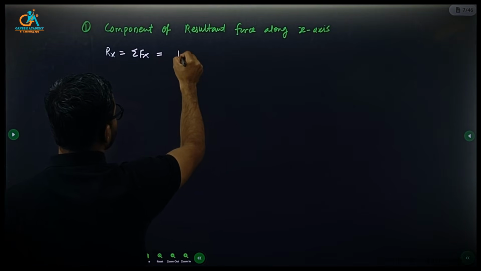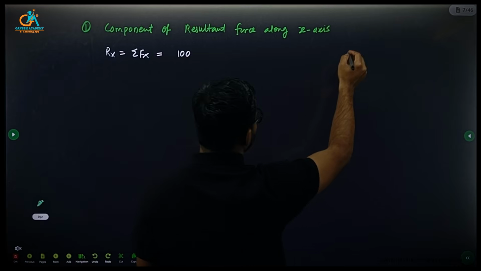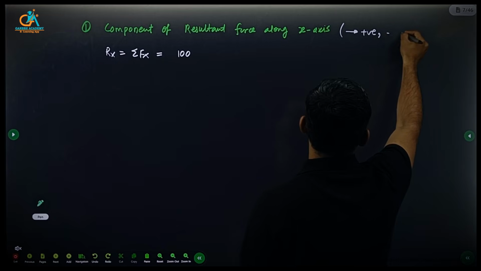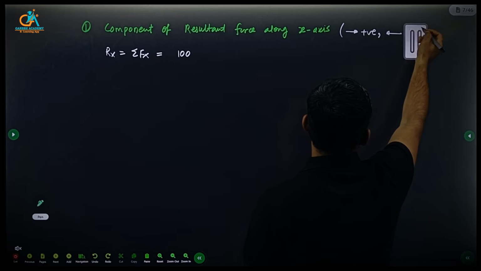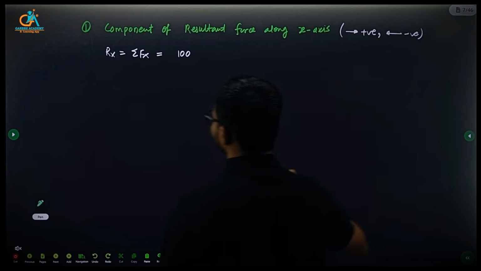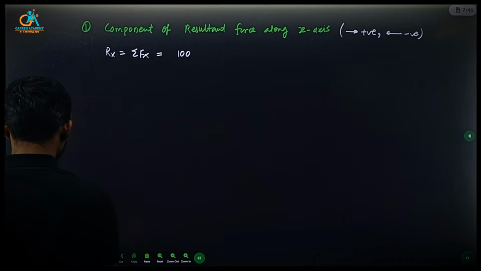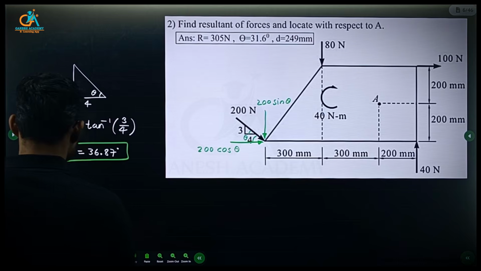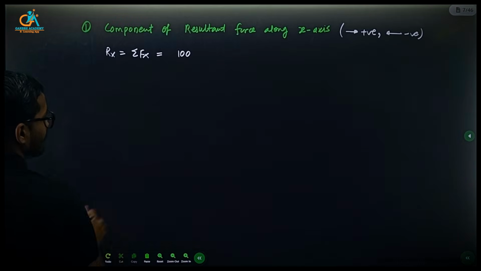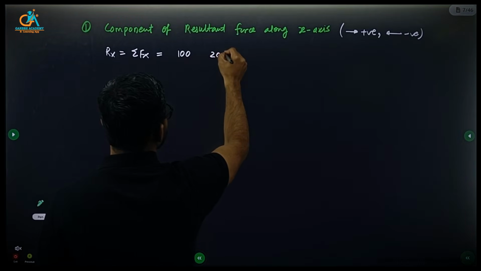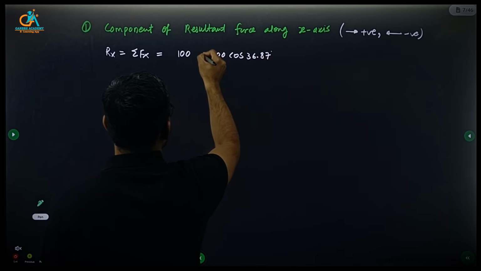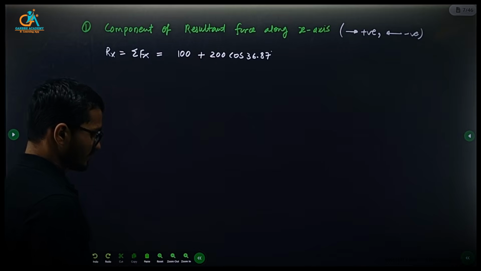Assume forces acting towards right positive and towards left negative. So 100 towards right and 200 cos theta, where theta is 36.87, which is again towards right, so positive.